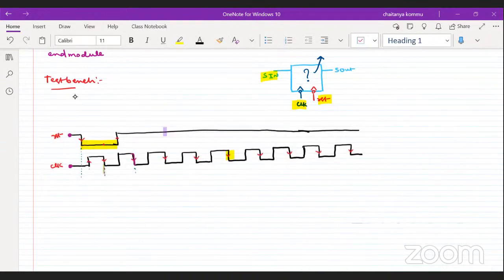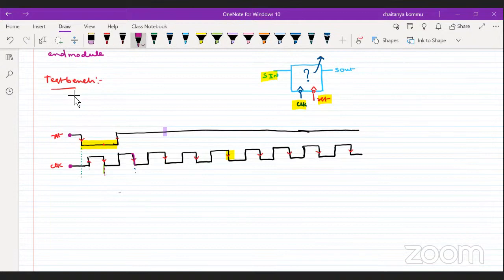What is missing here? SIN is required, right? We have to apply the SIN. Initially we want to make that low, and from this point I am applying logic 1 there.